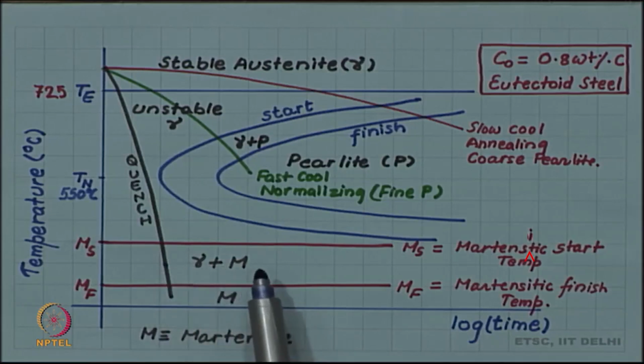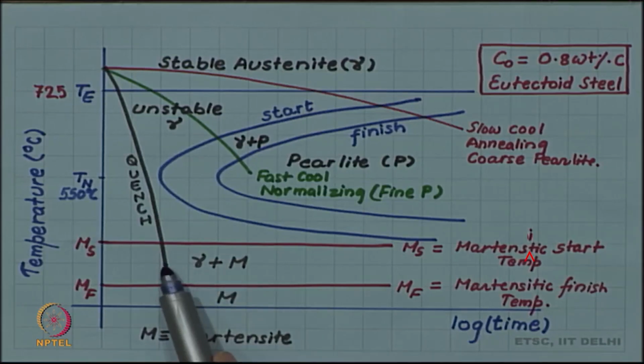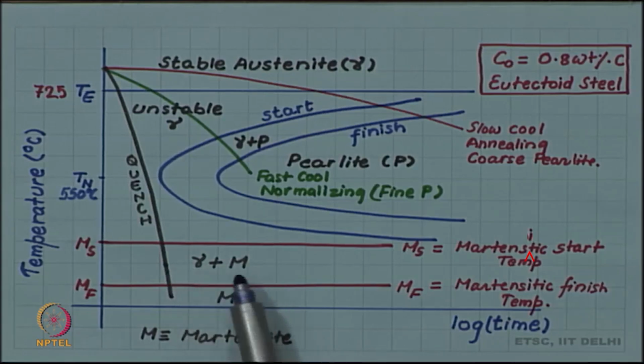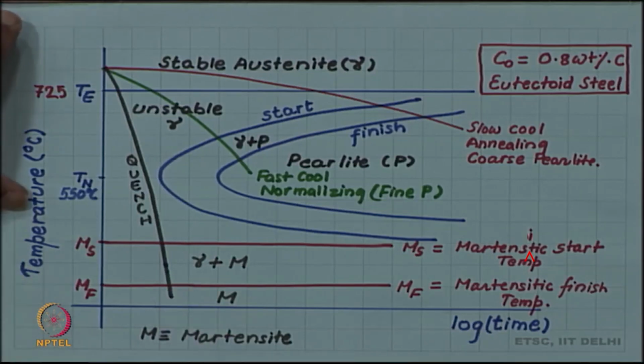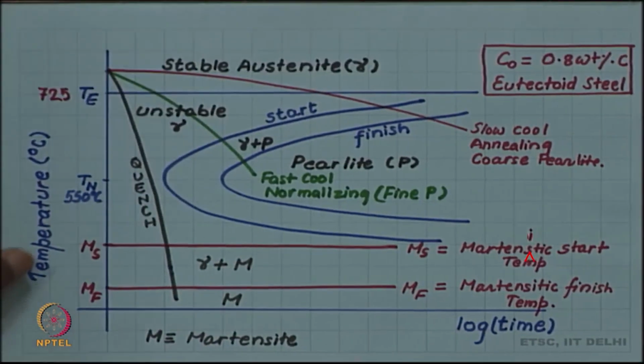And if we hold at that in-between temperature, let us say at 50% martensite, and allow more time, the amount of martensite is not going to increase, it will remain 50% as time passes. So, the role of time disappears in the transformation of martensite. It is a very fast transformation and the amount transformed depends only on the temperature.